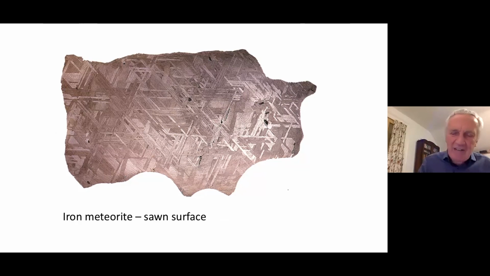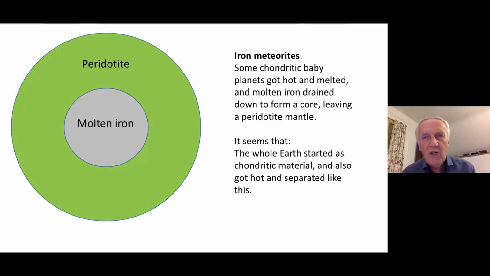And this is a sawn surface. There's a wonderful pattern inside, but I won't go into the pattern. It's a piece of iron. So where did this come from? And the answer is that these small planets, these small chondritic baby planets, some of them got hot and melted.